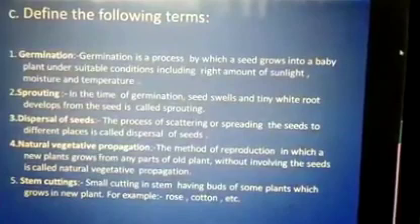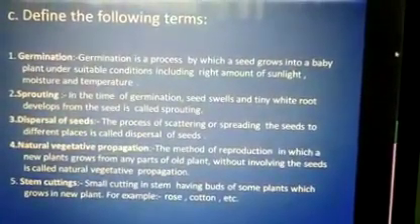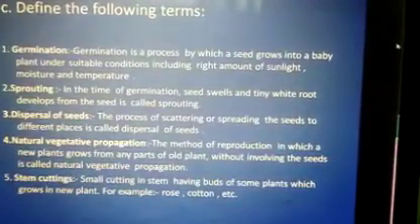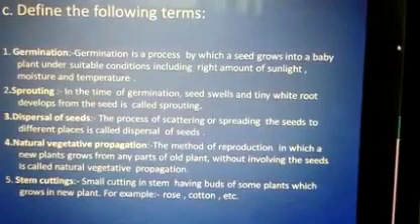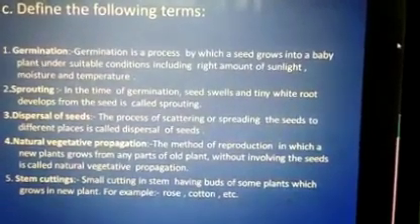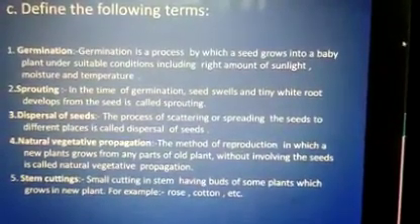What is germination? Germination is a process by which a seed grows into a baby plant under suitable conditions, including the right amount of sunlight, moisture and temperature. 2. Sprouting. In the time of germination, the seed swells and tiny white roots develop from the seed. This is called sprouting. 3. Dispersal of seeds.